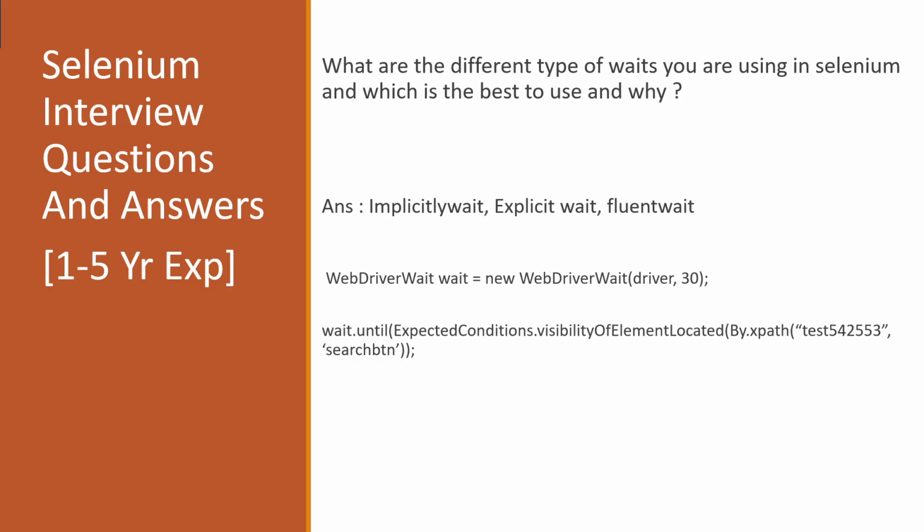Until the page or element is loaded on that web page, you should not do any operation. Otherwise, your automation test case will fail. So how do you check whether your page is loaded or the web element is visible? You can check all of this using explicit wait conditions. So obviously it is best to use explicit wait in your project.